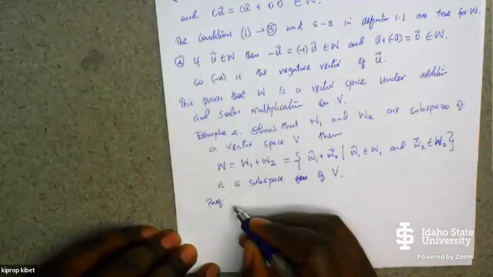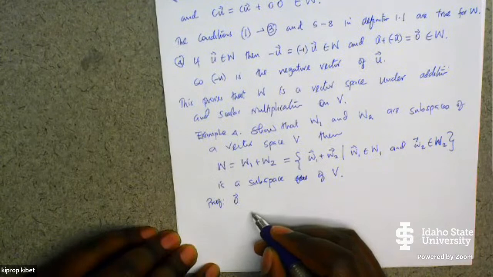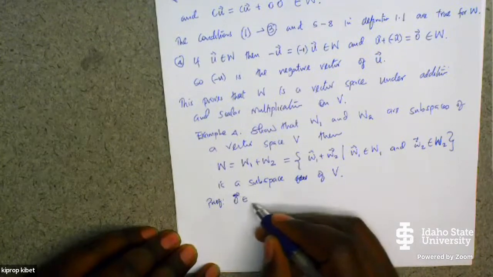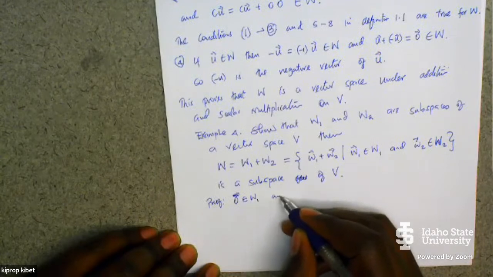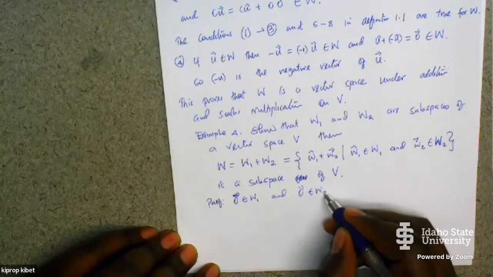So you start by letting the zero vector be an element of W1, and the zero vector is also an element of W2.